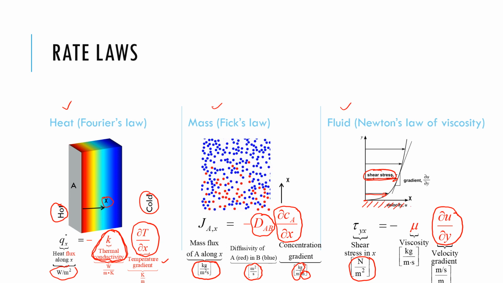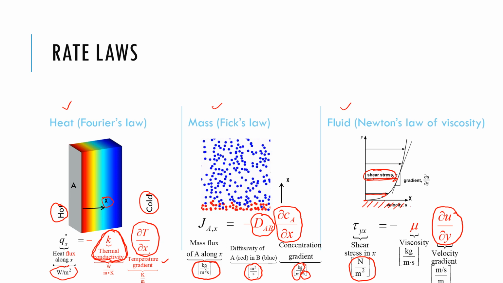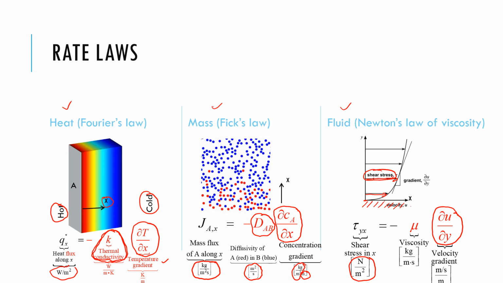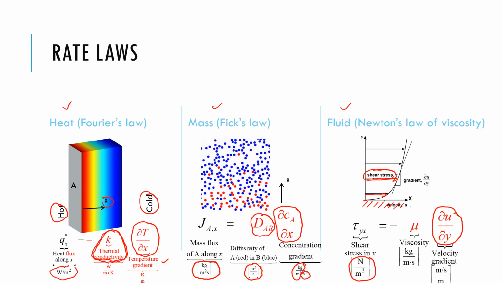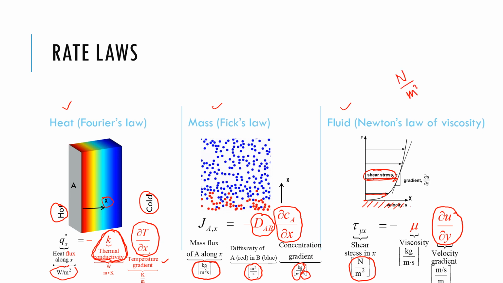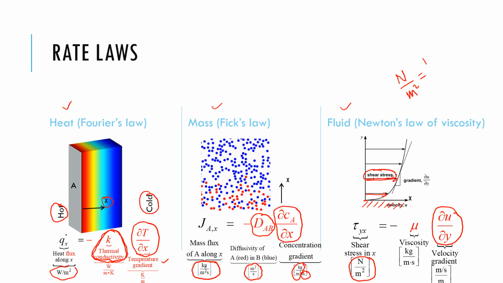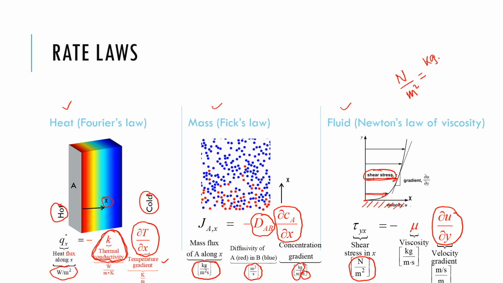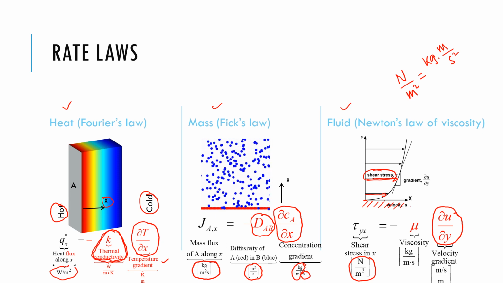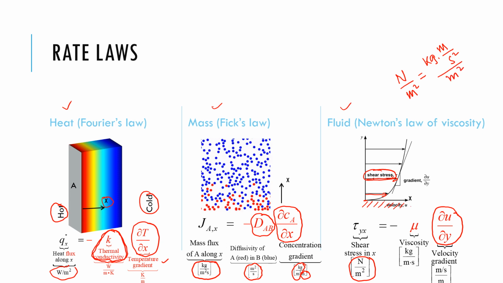Now, before we talked about fluxes, so let's see if we can think of this shear stress in terms of a flux. The shear stress is in Newton per meter square. Newton is kilograms times meter per second square, and per meter square.